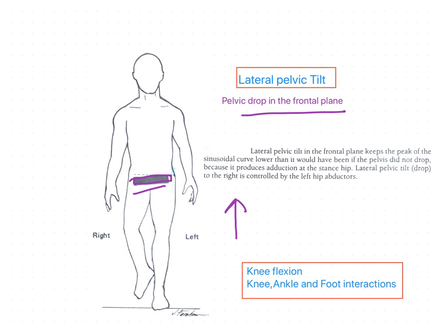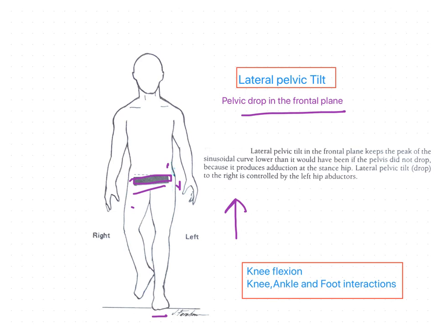In single limb support, unilateral weight bearing, the combined weight of the HAT and the swinging leg must be balanced over the one lower extremity. During this period, the COG reaches its highest point in the sinusoidal curve.